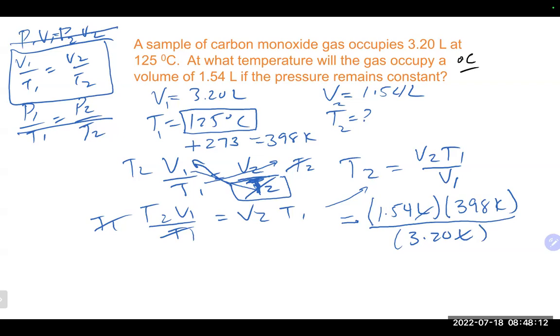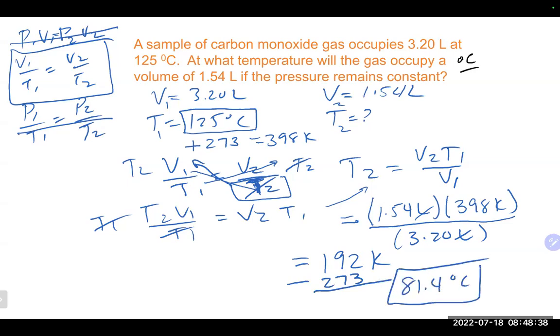And 1.54 times 398 divided by 3.2 gives us about 192 Kelvin. And again, if we did want it in Celsius, we would subtract 273 from that. And that will get us approximately 81.4 degrees Celsius. Just 81 degrees since I rounded there.